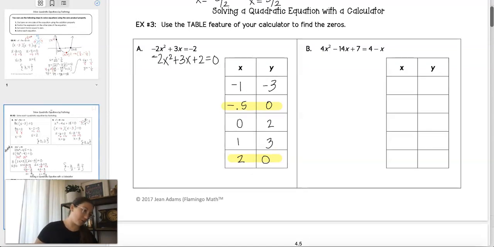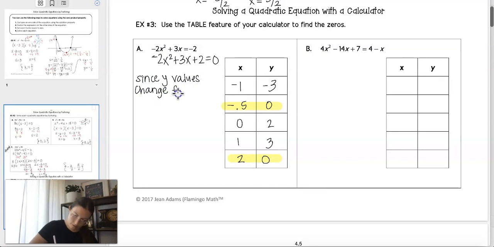Since the y values change from positive to negative, a 0 will occur.